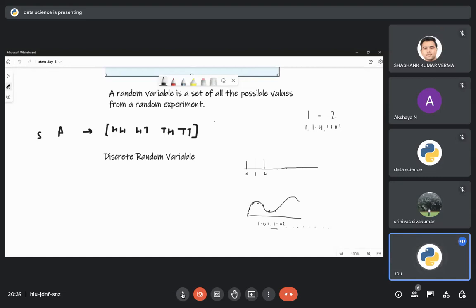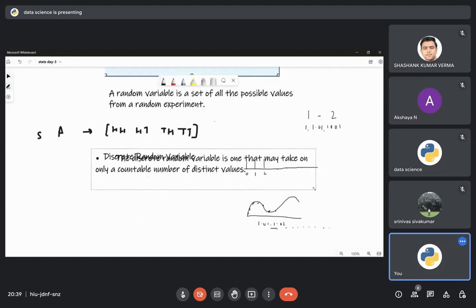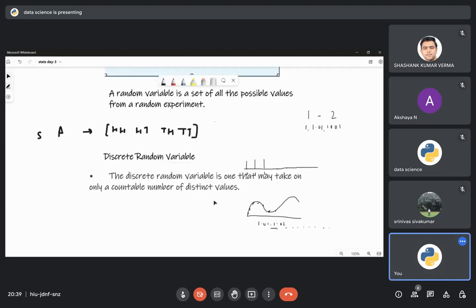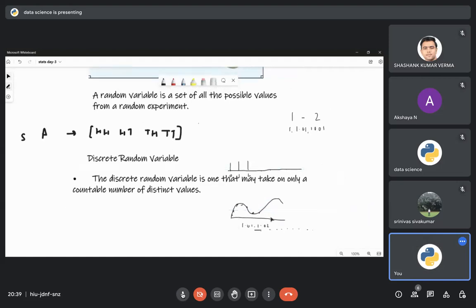So let me write the first definition, then I will talk about these things. A discrete random variable is one that may take on only a countable number of discrete values, like 1, 2, 3.